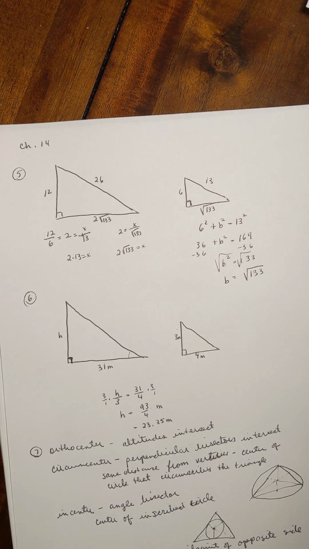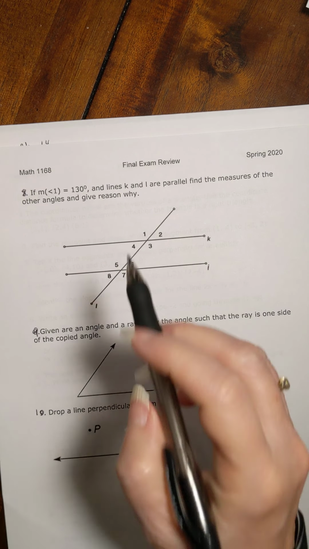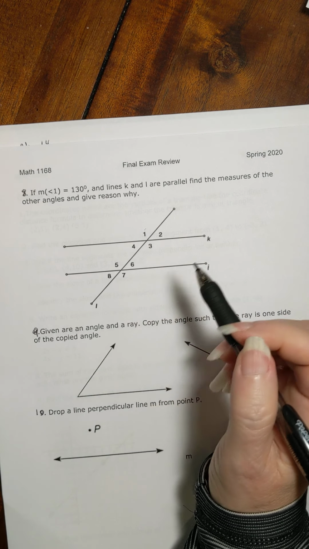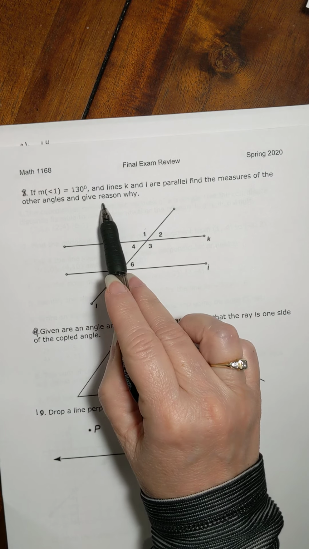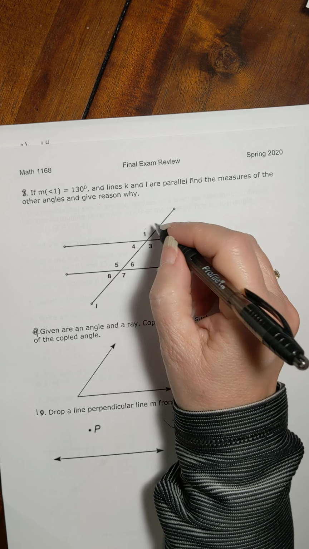All right, problem number, and it looks like I numbered these wrong. I'll fix this. So this would be problem number 8. On this one it says, if the measure of angle 1 is 130 degrees, find the measures of the other angles and give reasons why. So first of all, let's look at these 4.